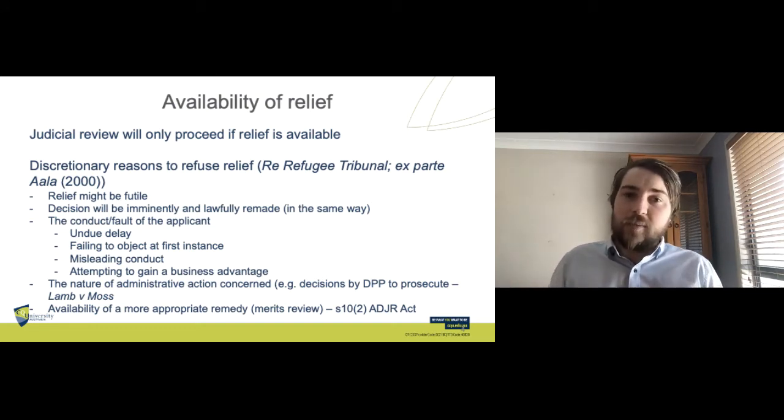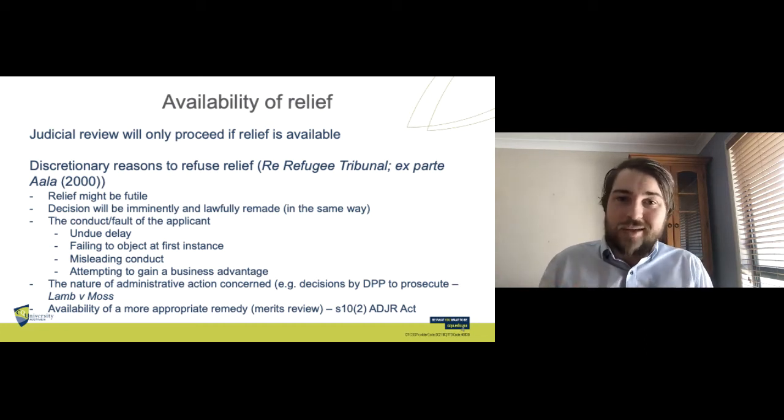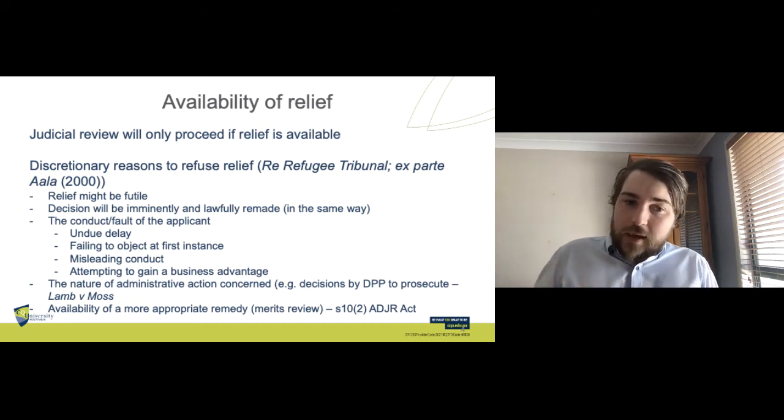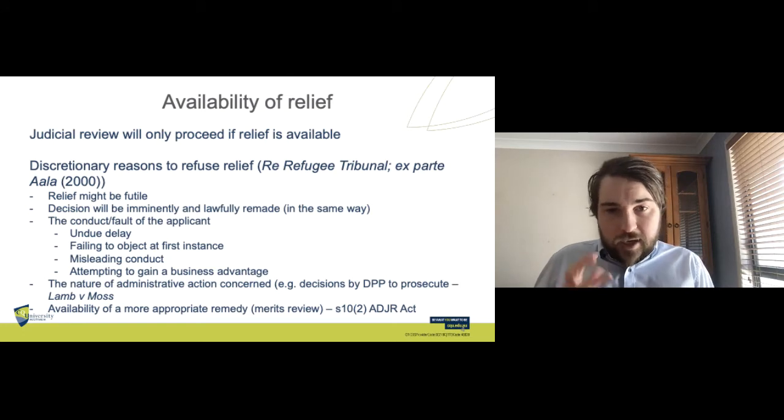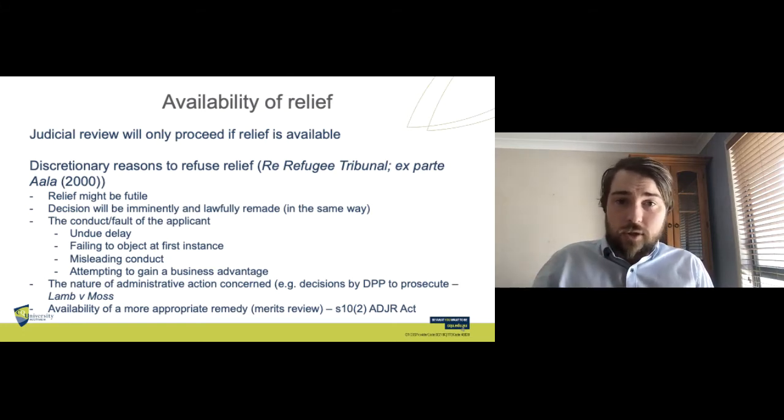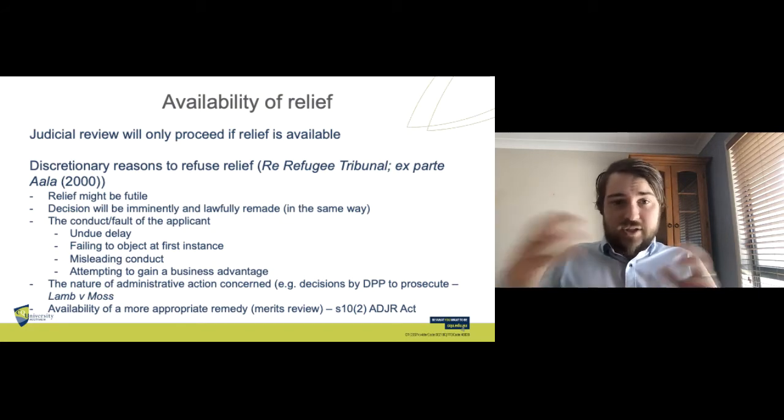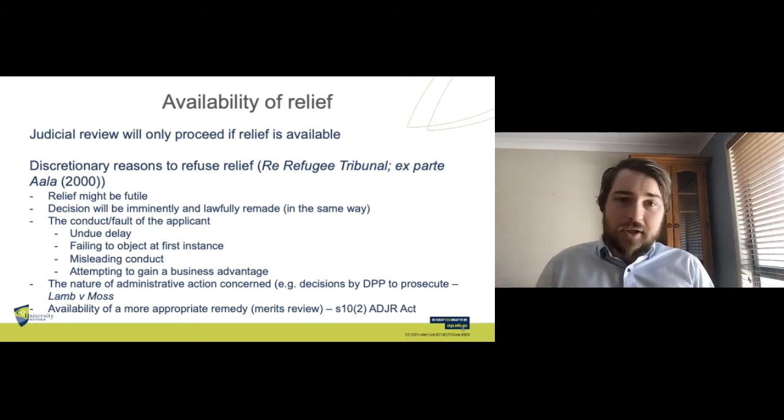Then relief is going to be futile, and the court might say, well, there's no point here. You can sort of get around that by arguing that there's no reason not to give relief anyway, just as a test case. But the process is expensive. You might question whether you'd bother in a practical sense.